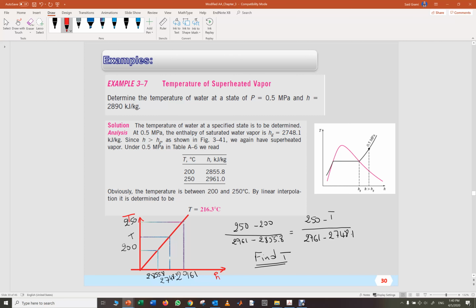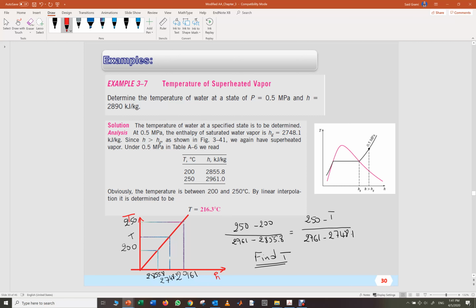Analysis: at 0.5 megapascal, the enthalpy of saturated water vapor Hg is 2748.1 kilojoule per kilogram.